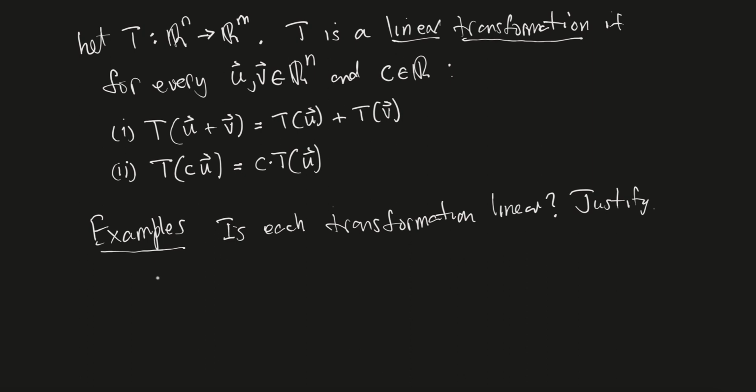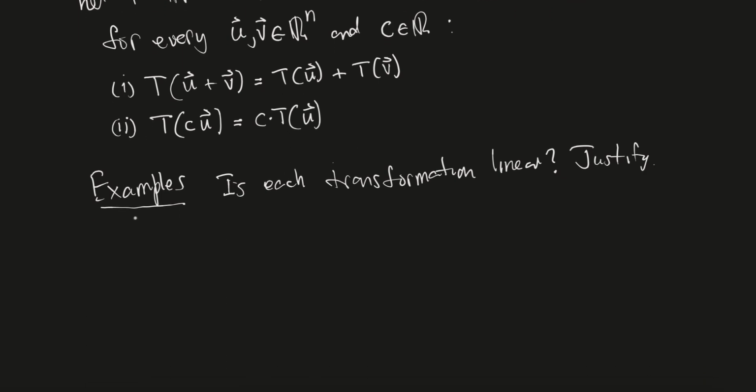All right, so let's define a couple transformations and we'll apply this rule, right? So let's say the first one is from R3 to R3, right? So it takes a three-dimensional vector and it produces another three-dimensional vector, right?